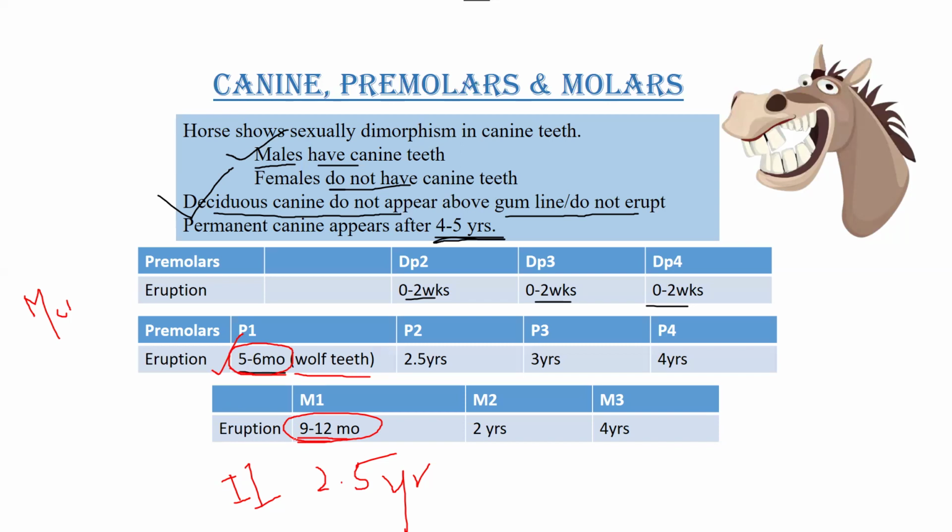So it is considered that the first molar is the first permanent tooth to appear. The second molar appears at 2 years of age, and the third at 4 years of age. But you should just have an overview of these teeth. You don't have to remember them, because we don't estimate age by premolars, canines or molars. We normally get all our clues from the incisors only.